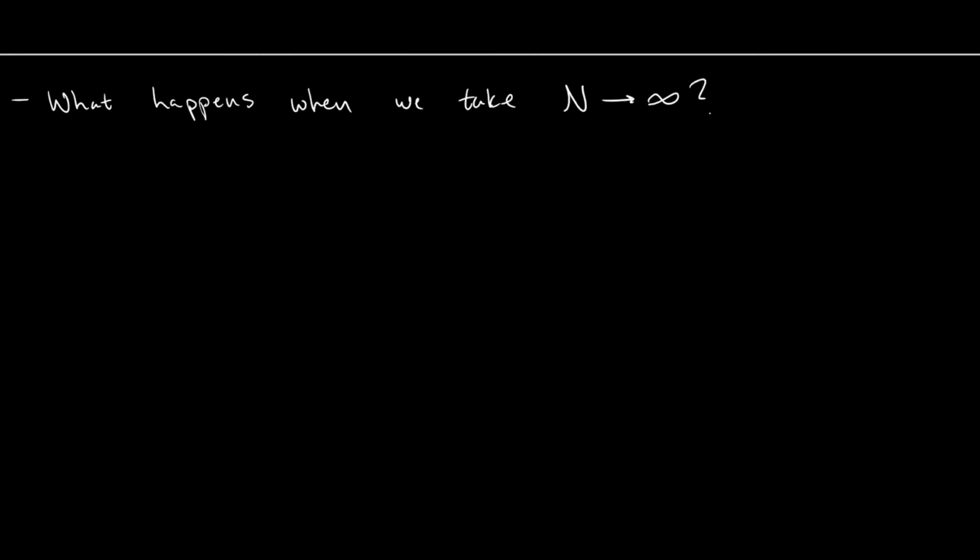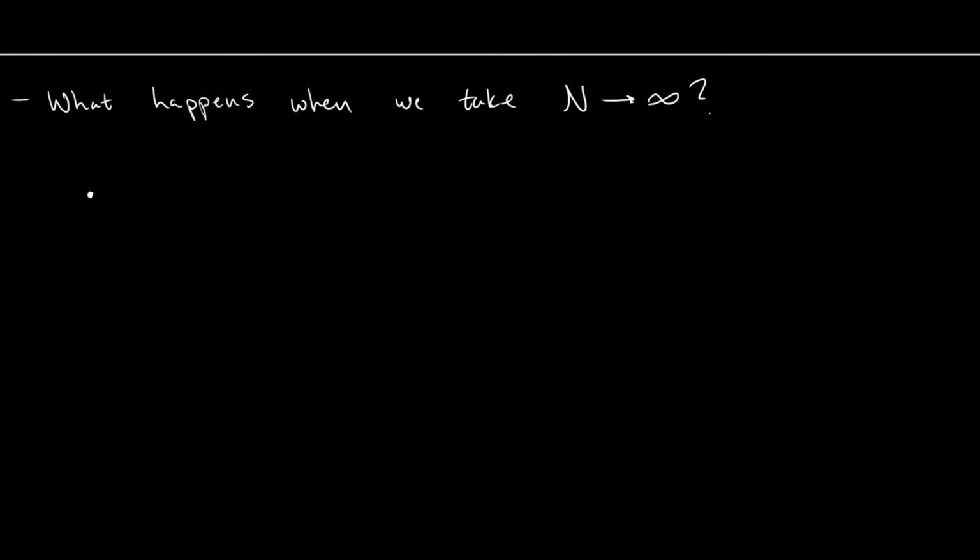So what happens when we take n to infinity? Okay, so again, let's just keep things simple, work in the rest frame of the system, only talk about displacements. Furthermore, it's going to get a little overwhelming if we're always thinking about an infinite number of oscillators.